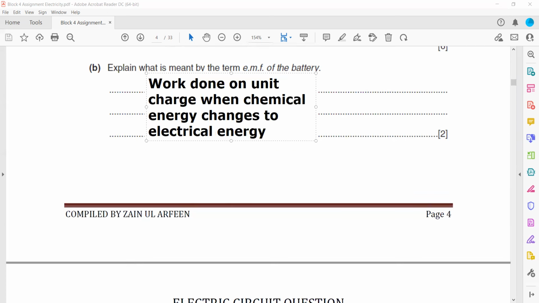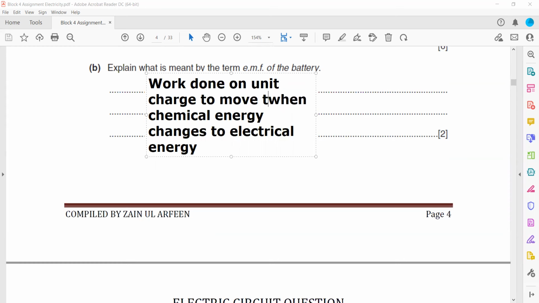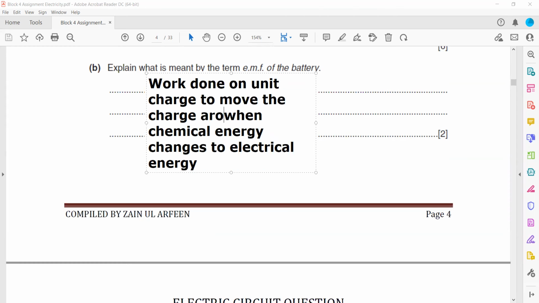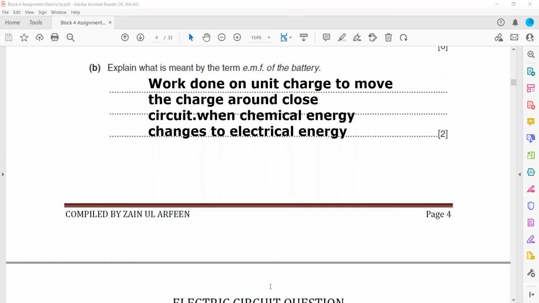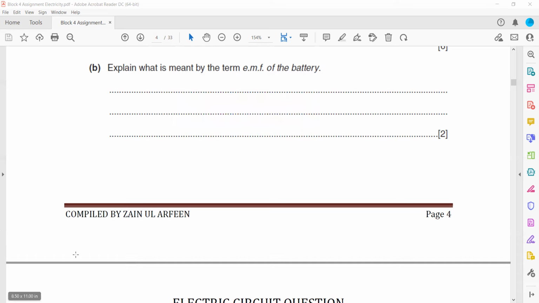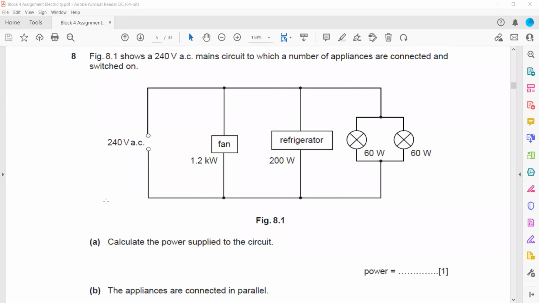So this is the standard definition: how much work is done on a unit charge to move the charge around a closed circuit when the chemical energy is converted into electrical energy. They have to learn this definition.